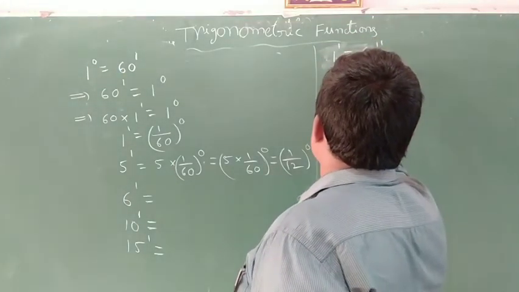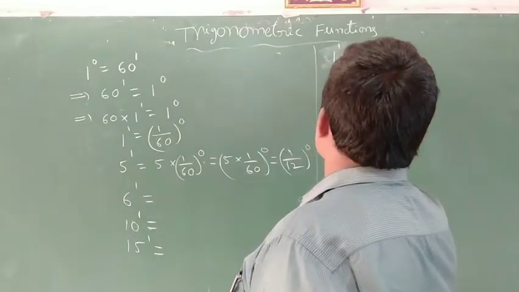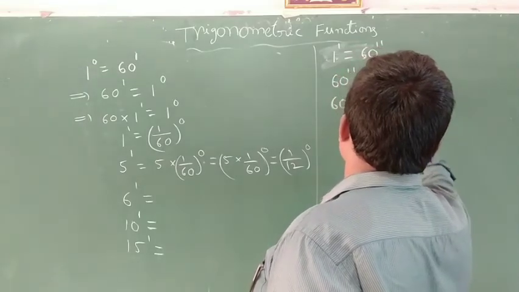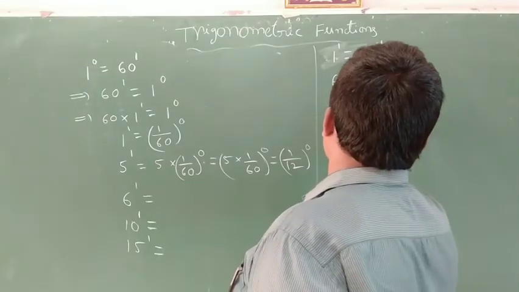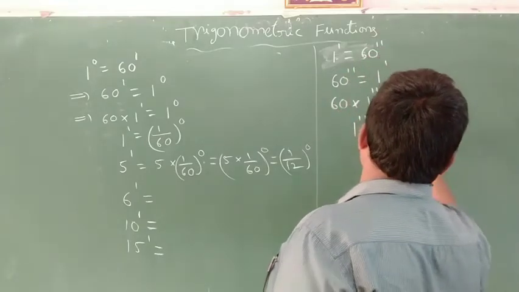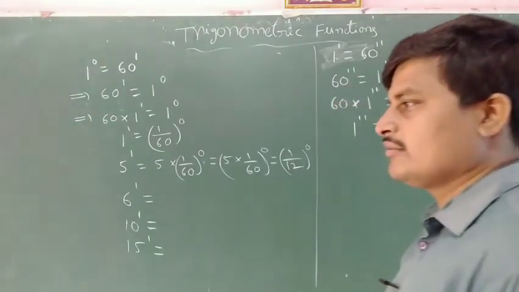So 60 seconds is equal to 1 minute. 60 seconds is equal to 60 into 1 second is equal to 1 minute. 1 second is equal to how many minutes? 1 by 60 minutes.